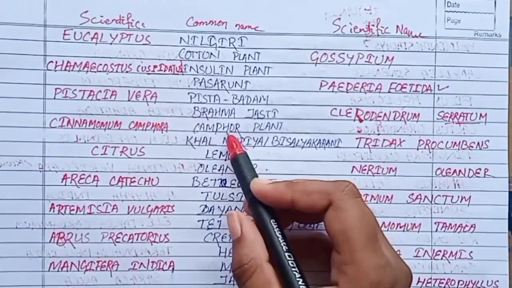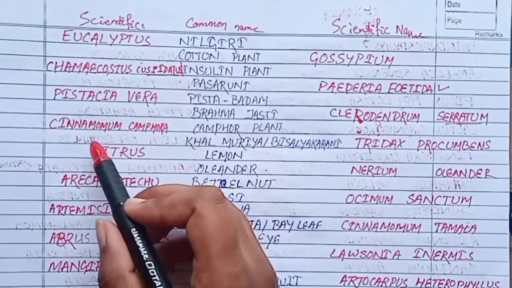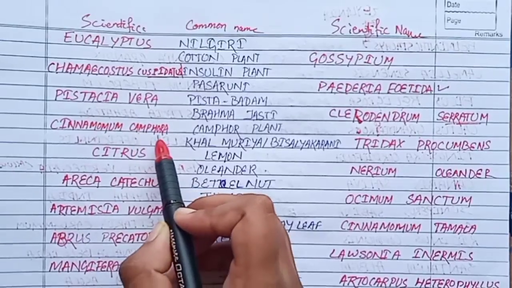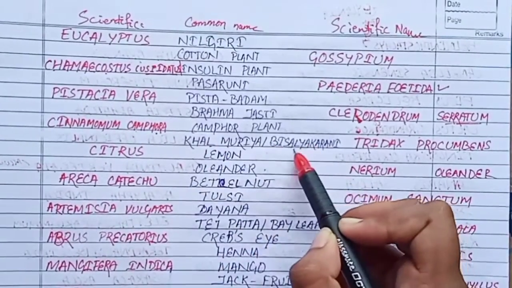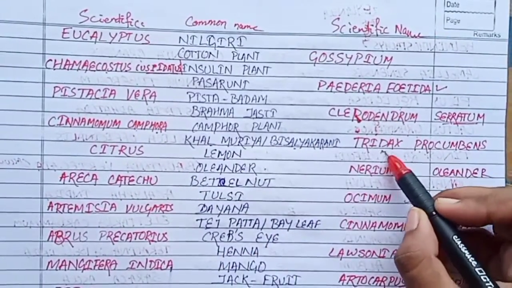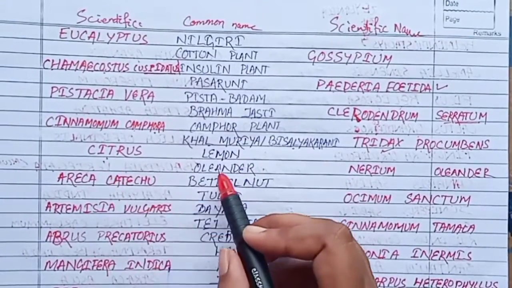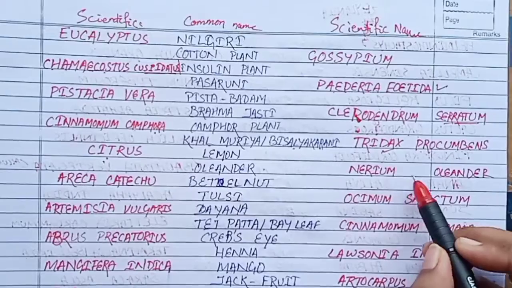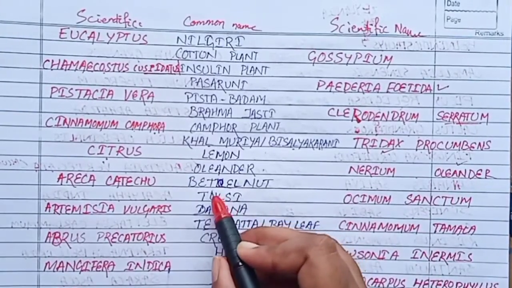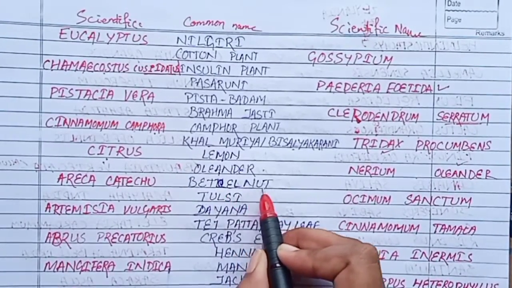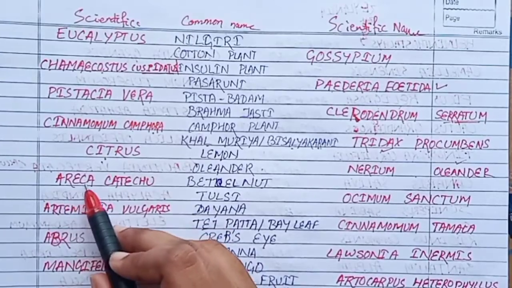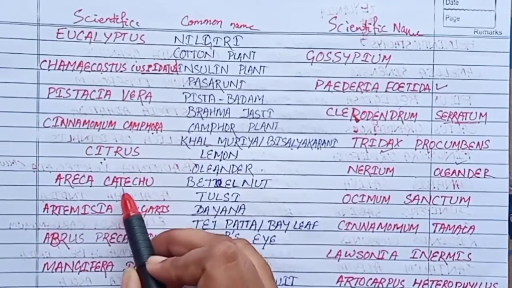Then camphor plant, whose scientific name is Cinnamomum camphora. Kalmuria or Bisalkarani, whose scientific name is Tridax procumbens. Oleander, whose scientific name is Nerium oleander. Then betel nut, whose scientific name is Areca catechu.